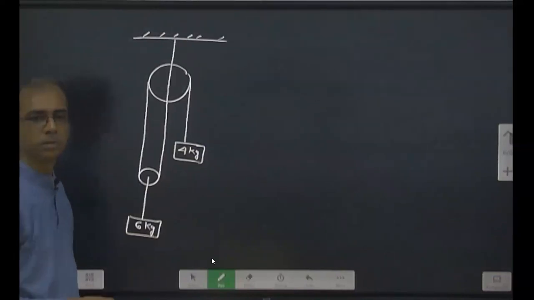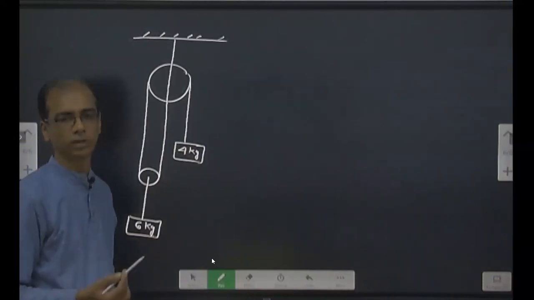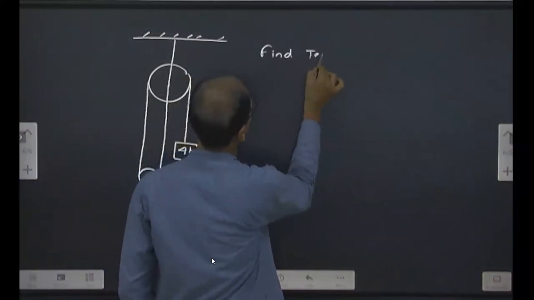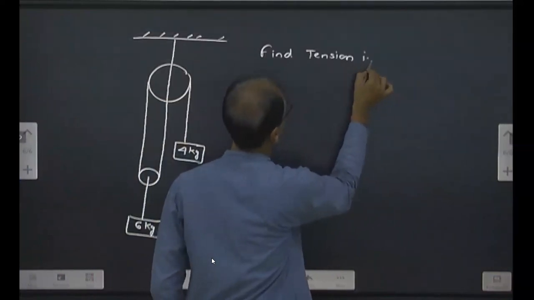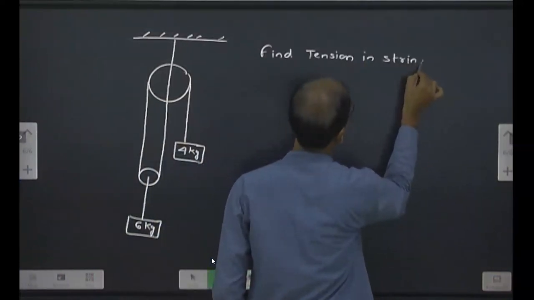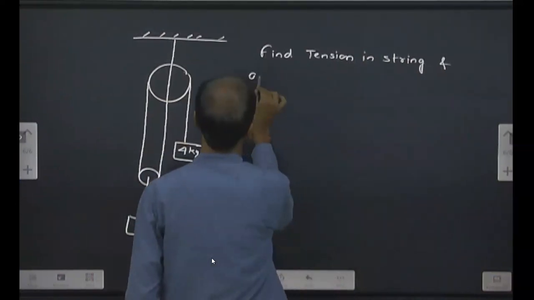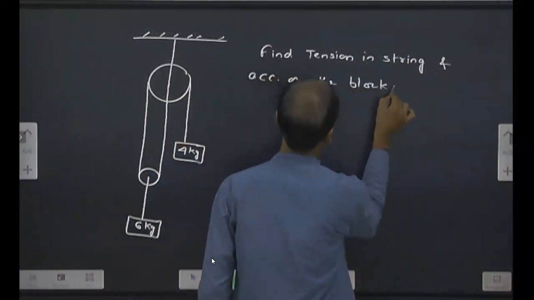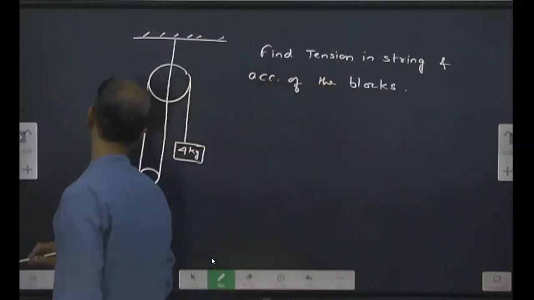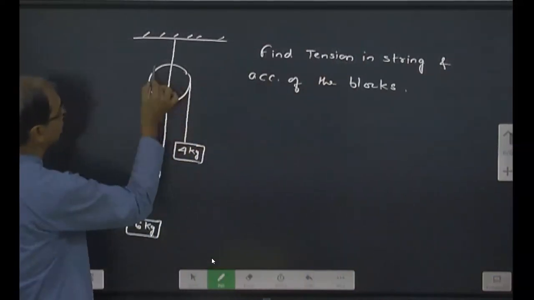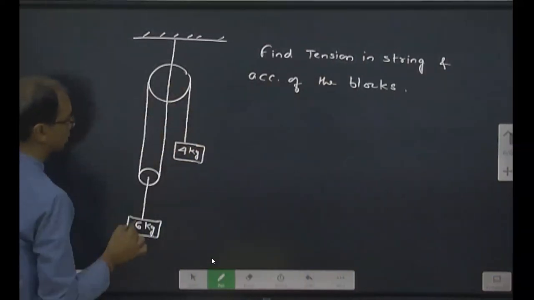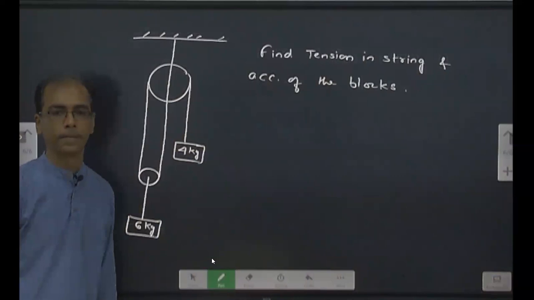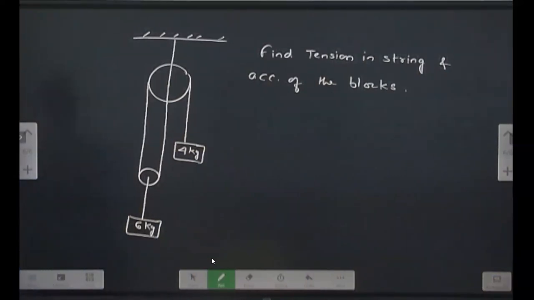And then the question asked is: find tension in string and acceleration of the blocks. So two strings are there. One is this, and this is the other one. So two tensions are there, two strings are there. Okay. Make this.